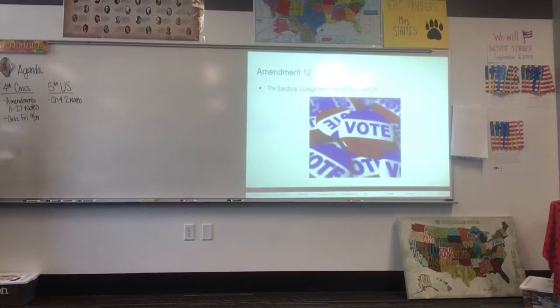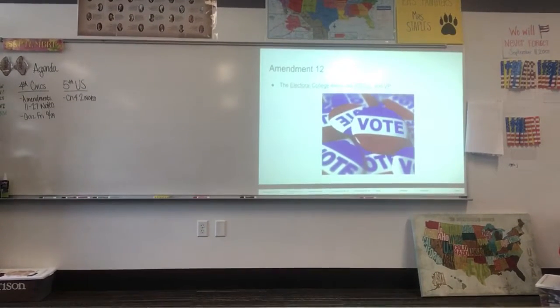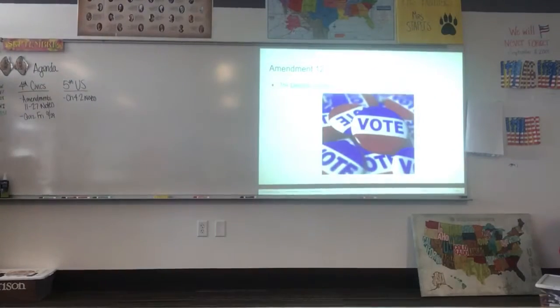Amendment 12. This states that the Electoral College officially elects the President of the United States. POTUS is a way to say President of the United States. It's an abbreviation. So the Electoral College elects the President and the Vice President.